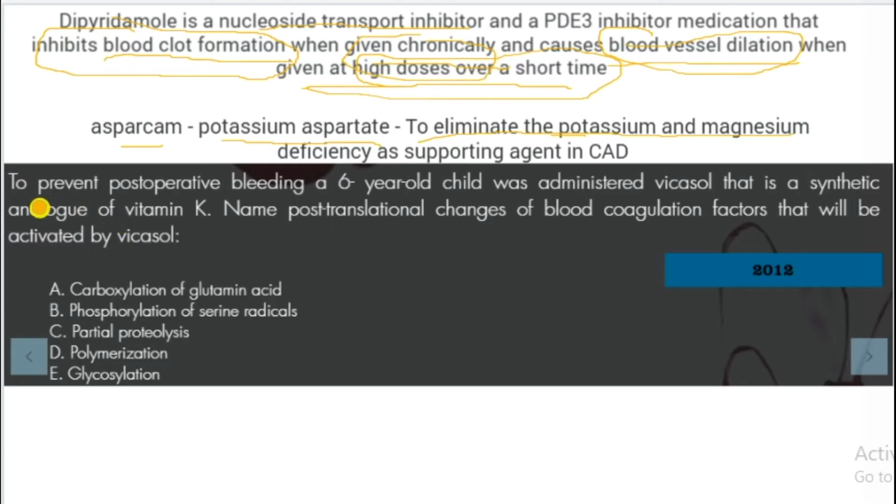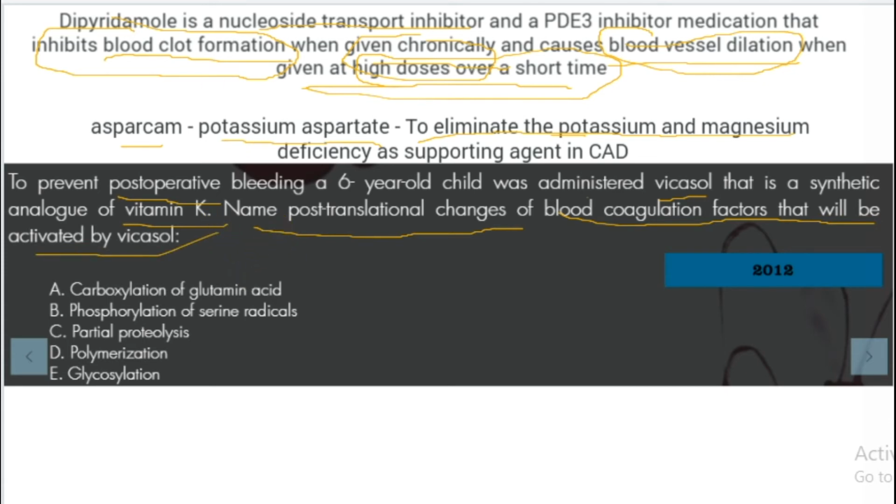To prevent post-operative bleeding, a 6-year-old child was administered Vicasol. It is a synthetic analog of vitamin K. Name the post-translational changes of blood coagulation factors that will be activated by Vicasol.